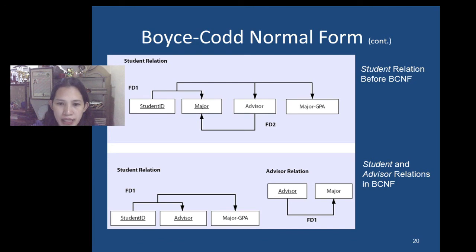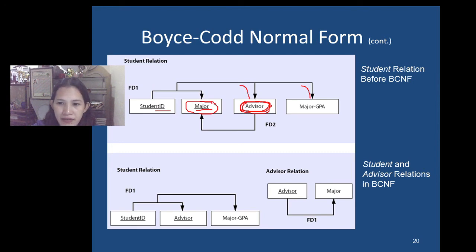The student ID and the major determine the advisor and the major GPA. In BCNF, we have to change the advisor and the major so that the advisor becomes a candidate key or part of the primary key.